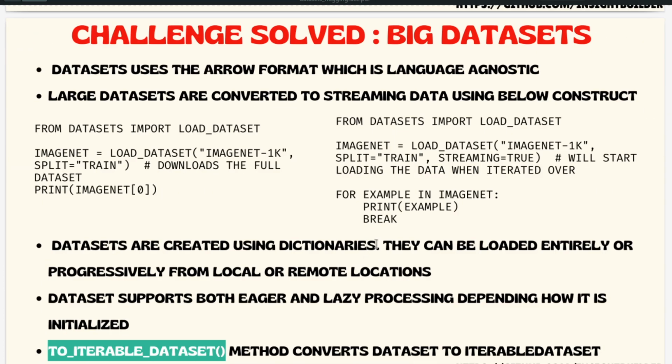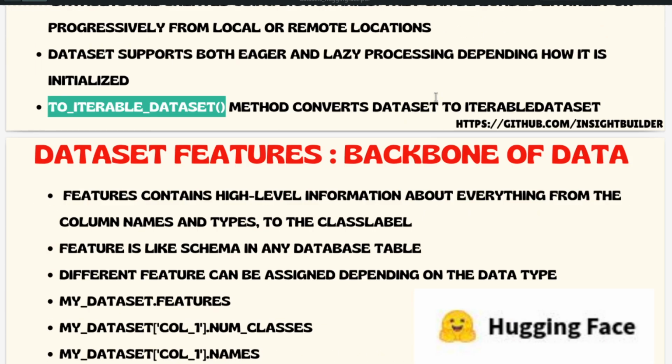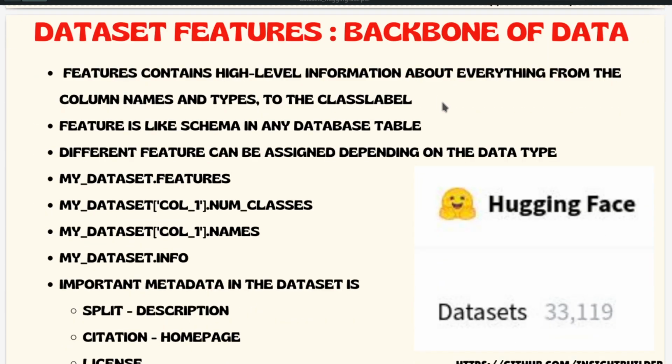Continuing with our big data, continuing with our datasets discussion, the next step is something called features in datasets. These features are a kind of backbone of the data that you are going to load inside the HuggingFace Datasets library. Features contain high-level information about the data. It's like the schema that we generate for our database tables.